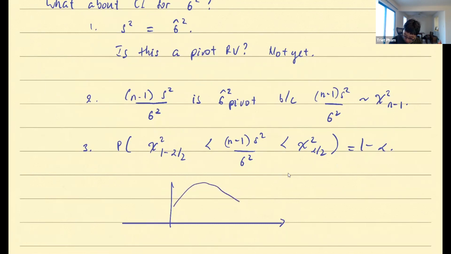I don't know, this may look like a chi-square density. Then, right, these are 2 points. Easy, okay?